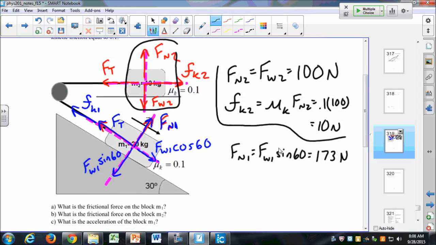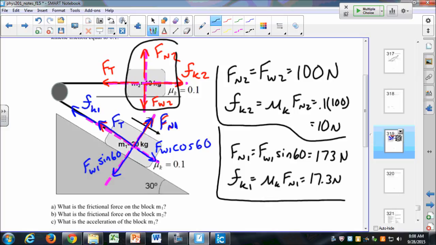We'll go back down to the right number of sig figs when we get to the end. And I'll keep it at 173. All right, and then if I want to find Fk1, it's going to equal mu k times Fn1. All right, so those are the frictional forces. That's A and B. This is A, this one's B.